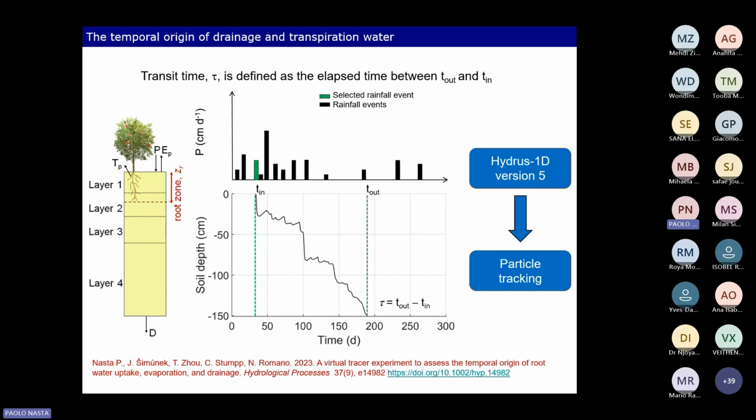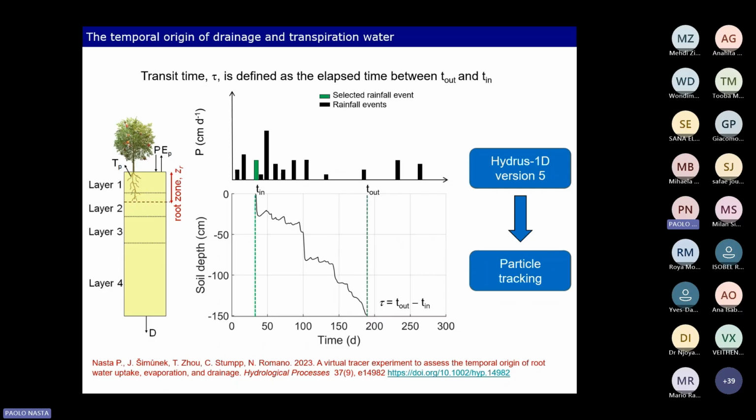a specific event, for instance, the green bar, so the other black bars are rainfall or irrigation events, and we label only the green bar, so a specific rainfall event, by assigning a specific isotopic concentration or tracer concentration in general. And then we run the model simulation for tracer transport.